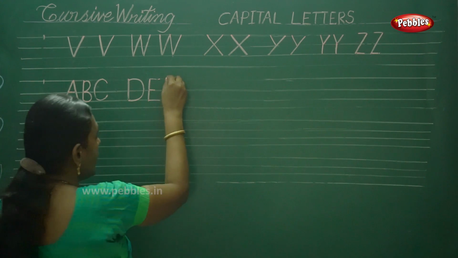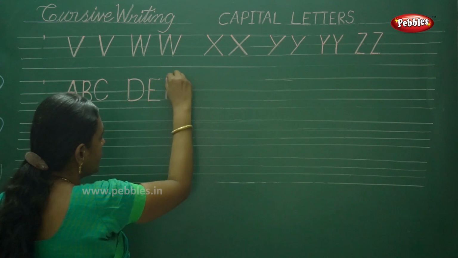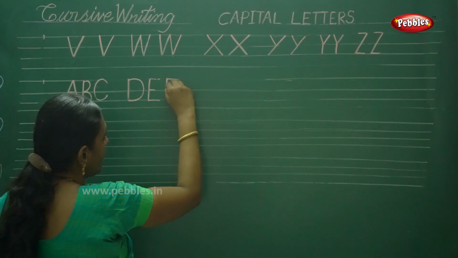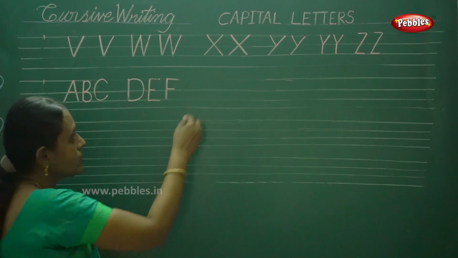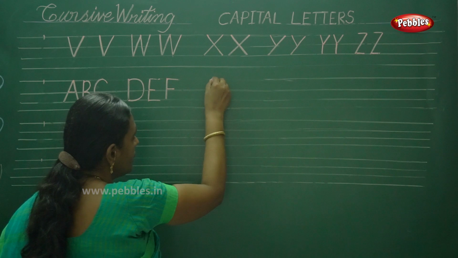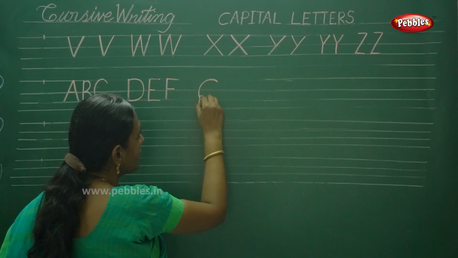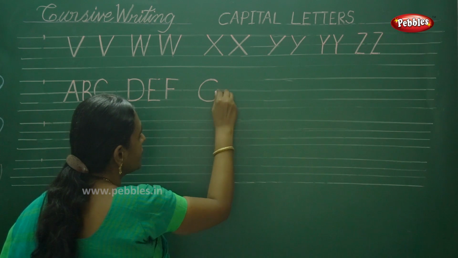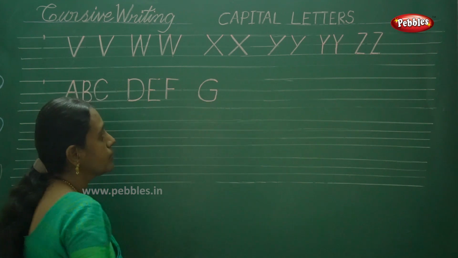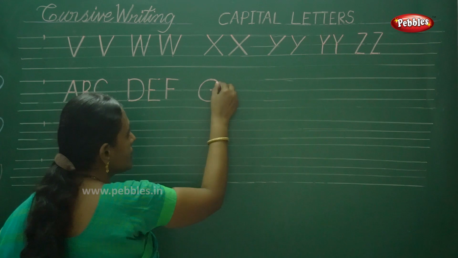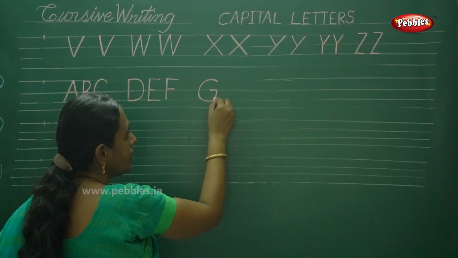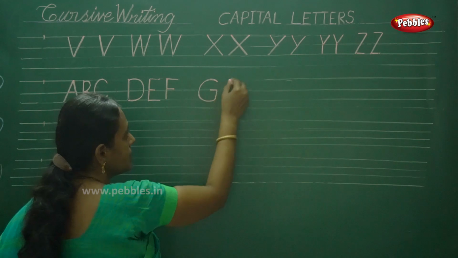Okay, then F: a straight line, a longer steeping line, and a shorter steeping line. Then G. Here I have to show the method of G. This is one way of G. Okay, capital G: first you have to draw C and then continue this way.